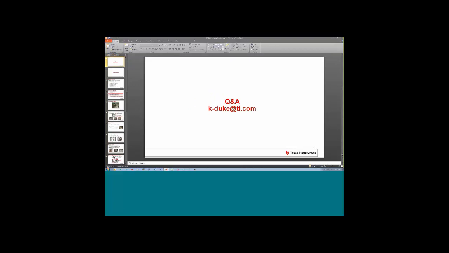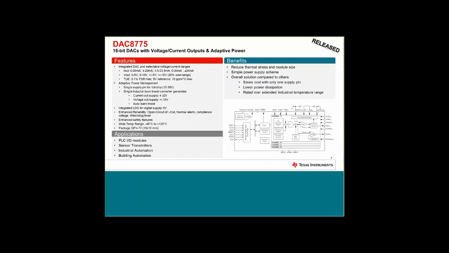I'm trying to look at the chat. So basically, the load question is quite relevant. So the idea of the adaptive power, there's three operating modes for the DC-DC.